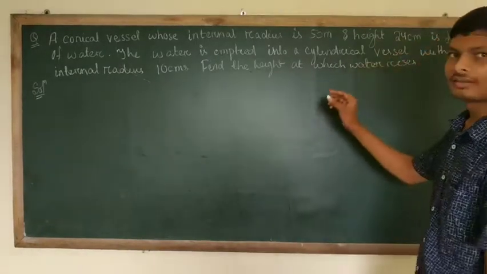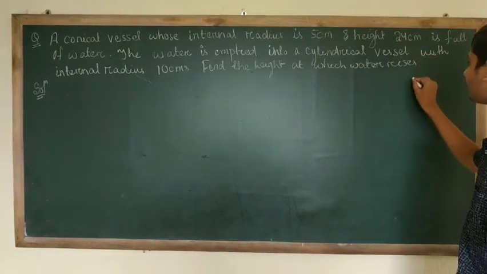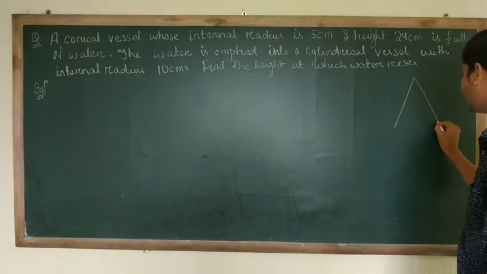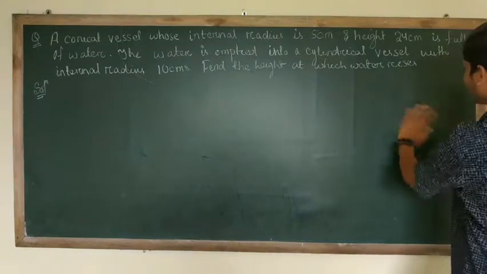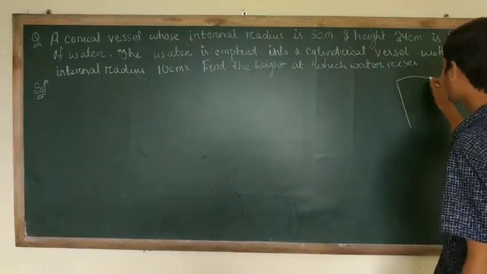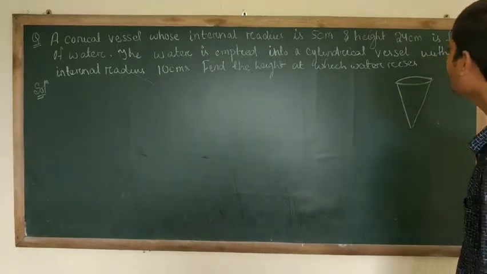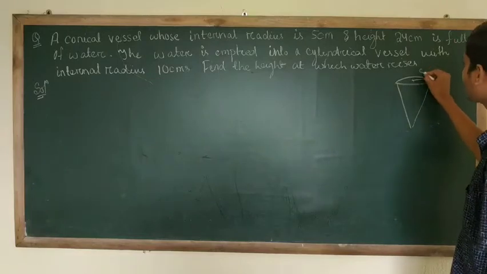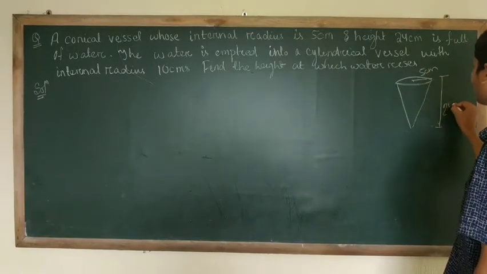A conical vessel whose internal radius is 5 cm and height 24 cm. So there is a conical vessel, which means you can carry some fluid or anything. The internal radius is given as 5 cm and the height is 24 cm.